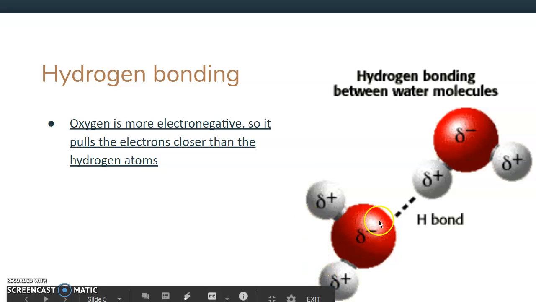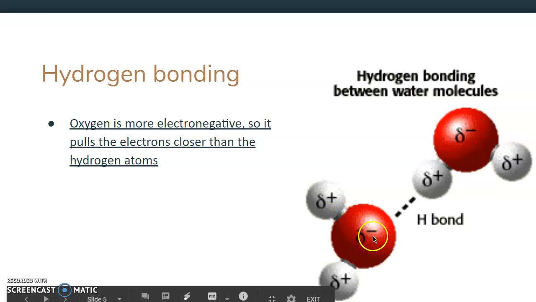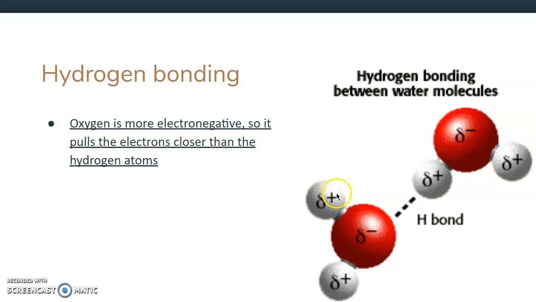This oxygen likes electrons a lot more and is a lot bigger, so it will pull these little hydrogens closer to it. That means the oxygen now has the electrons closer to it, so it is more negative, because electrons have a negative charge. The closer they are to you, the more negative you are. And since our hydrogen atom has lost some of its electrons, it is more positive.